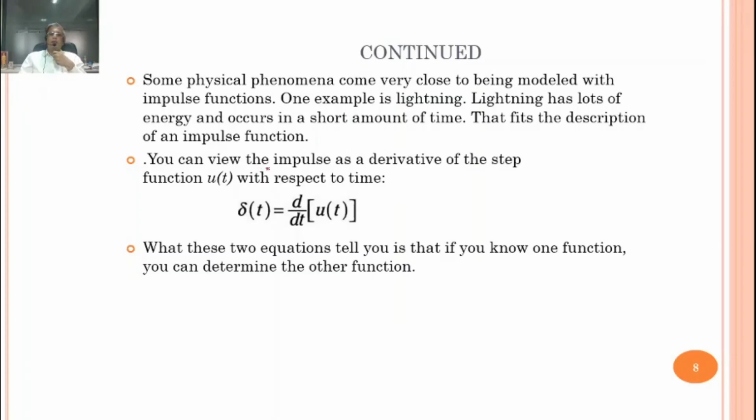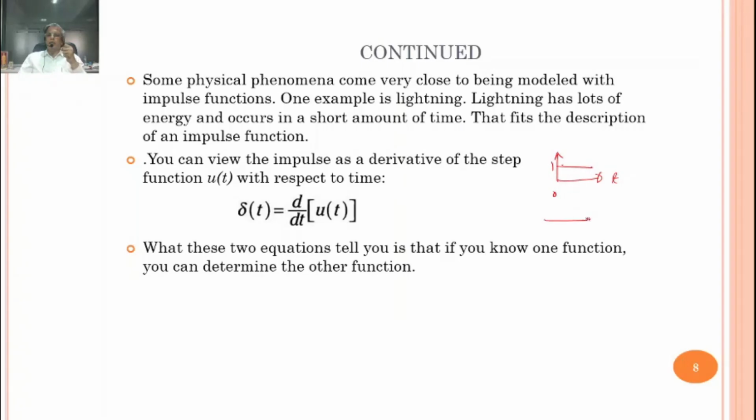We can view the impulse as the derivative of the step function. As we know, the step function is constant, but there is an abrupt change from 0 to 1 for the unit step function at t equal to 0.